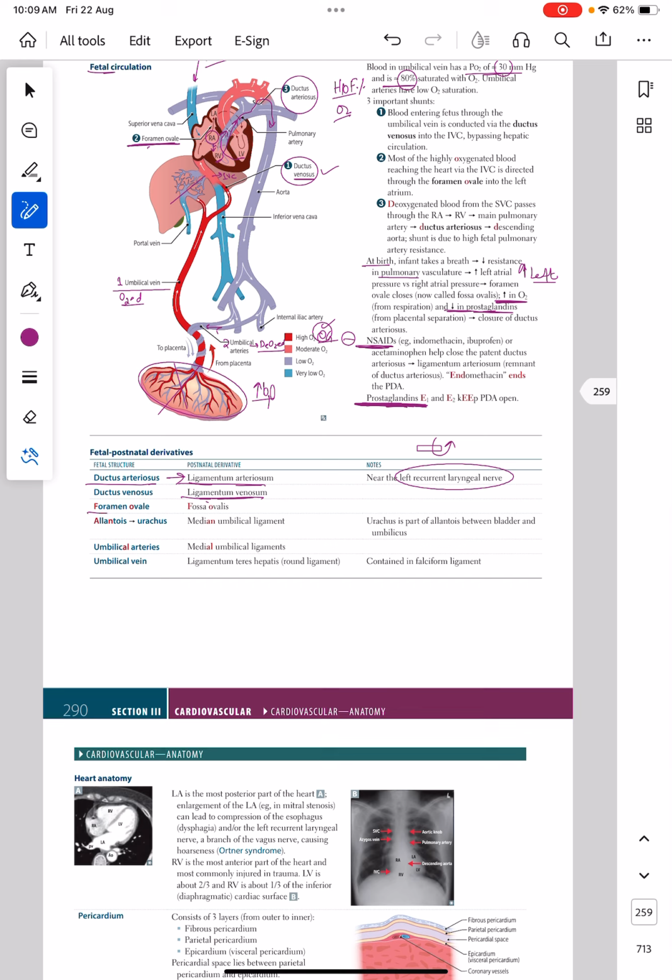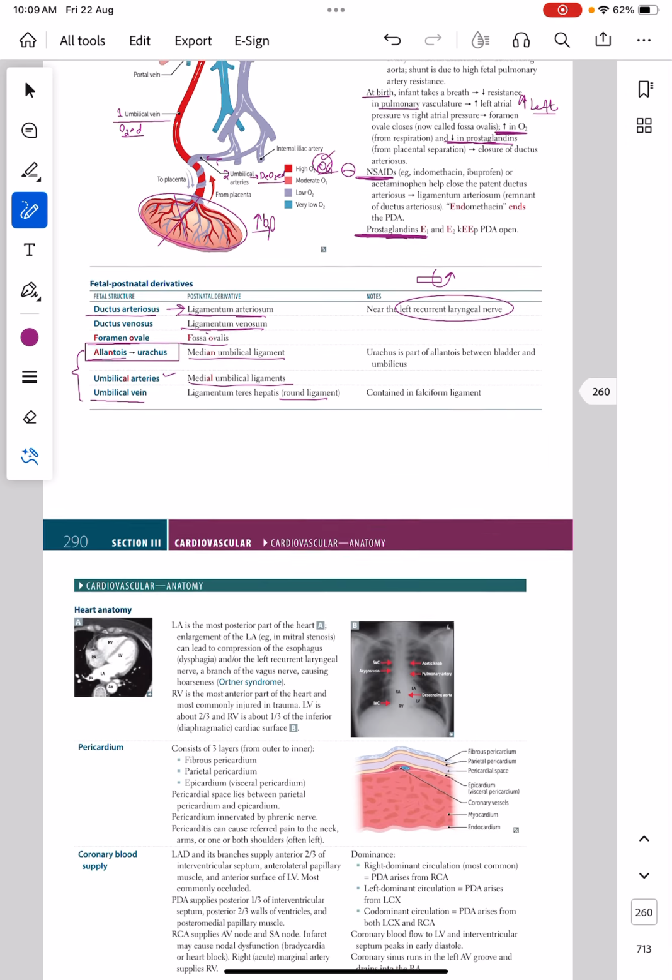The foramen ovale forms the fossa ovalis. The allantois is not related to fetal circulation, but the median umbilical ligament is formed from here, the umbilical artery forms the medial umbilical ligament, and the umbilical vein forms the round ligament.